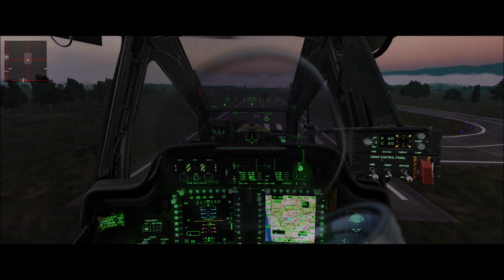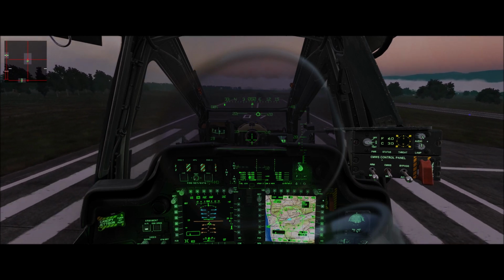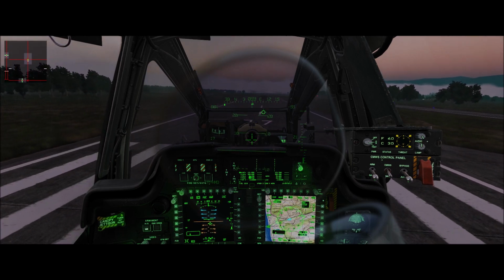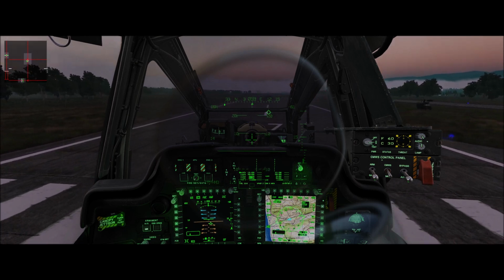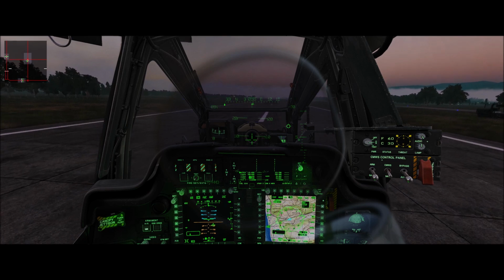Working our collective, our pedals, a little forward on the cyclic here, little increasing of the collective, kind of arrest that rate of descent, and set it right down on the numbers.